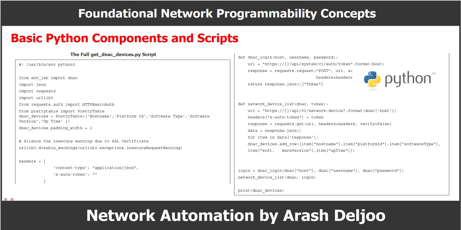In addition, the print function takes the response received from the requests.get that was sent to the network device API and puts it into the table format that was specified earlier in the script with the name dnac_devices. The Python script example in this video makes it easy to see the power and easy-to-use nature of Python. Practice with the examples in this video to increase your experience with Python and API structure.